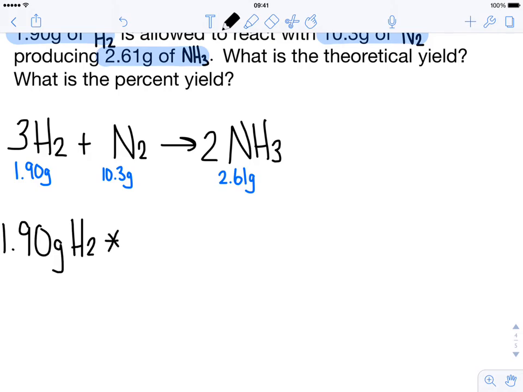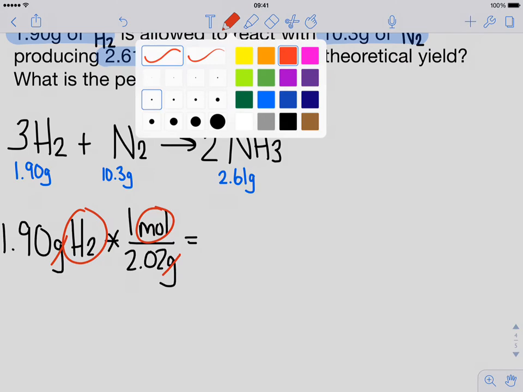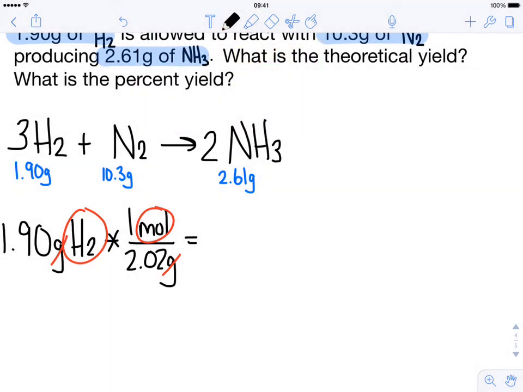And the first thing we need to do is convert this to moles of H2. So in 1 mole of H2, there are 2.02 grams. Cancel out our units. Grams cancels with grams, and we're left with moles of H2. So this comes out to be 0.9405 moles of H2.